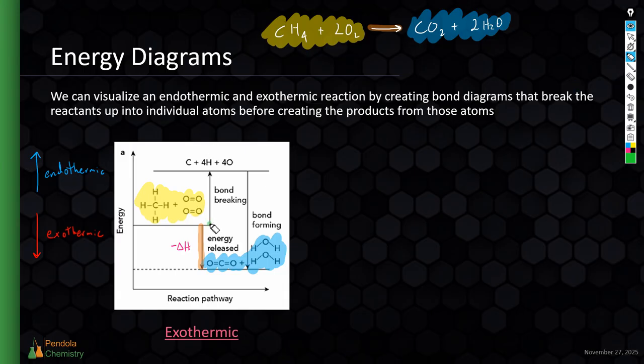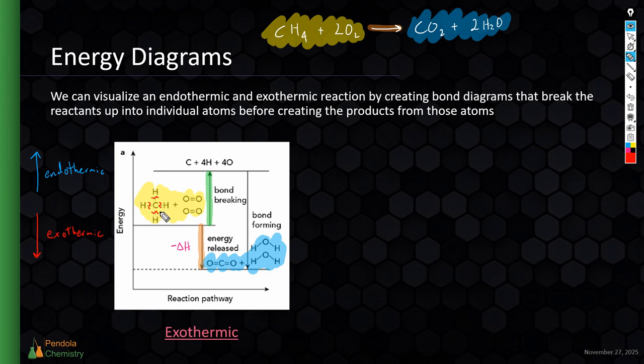Step number one is all of the bonds in methane and oxygen breaking apart. That will mean going into here, grabbing all of these CH bonds in methane and breaking them. Let's do this.